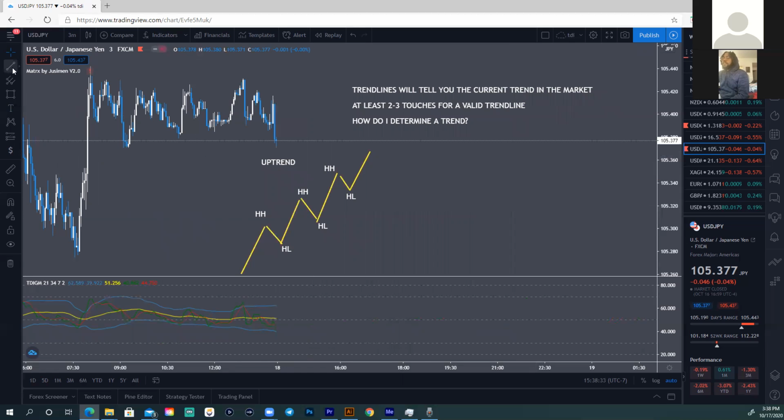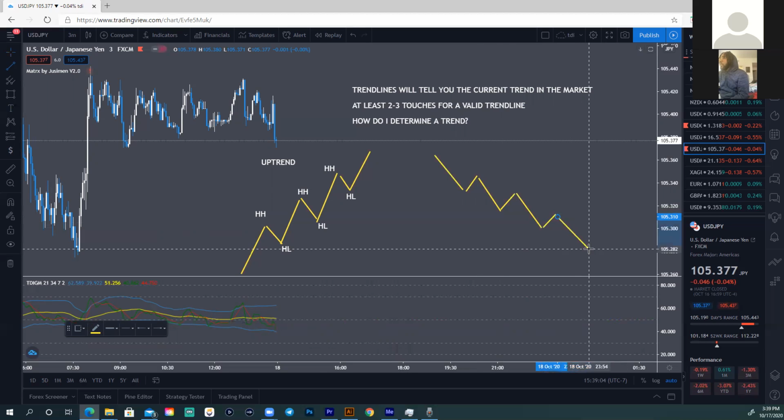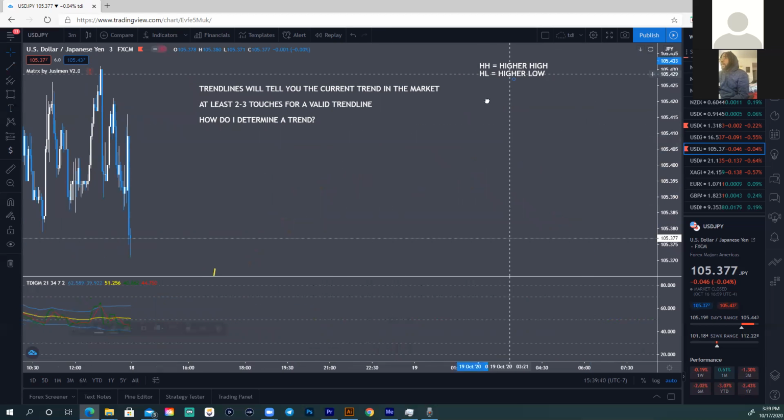A downtrend is just the exact opposite. Remember, higher high, higher low.